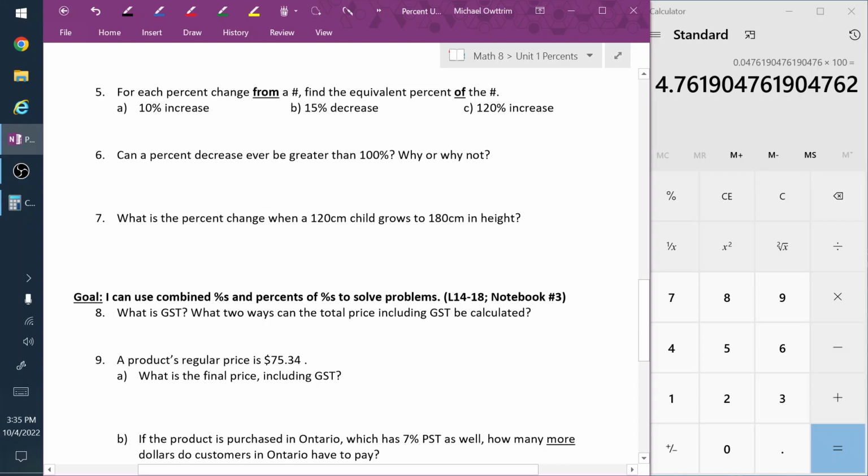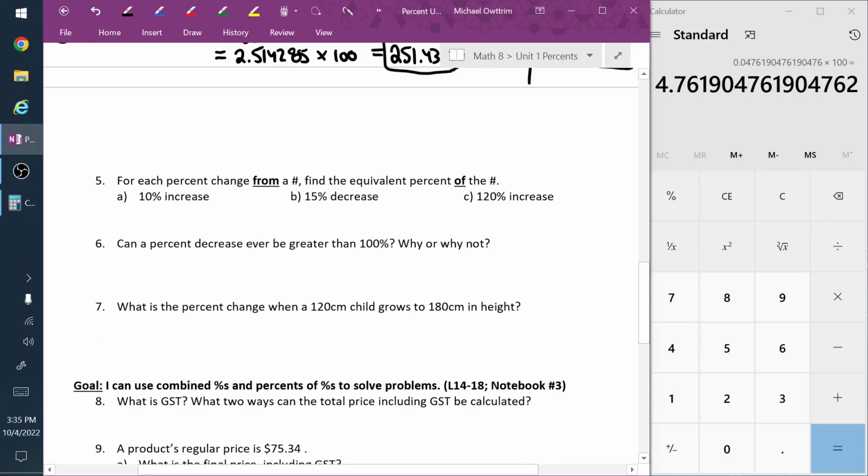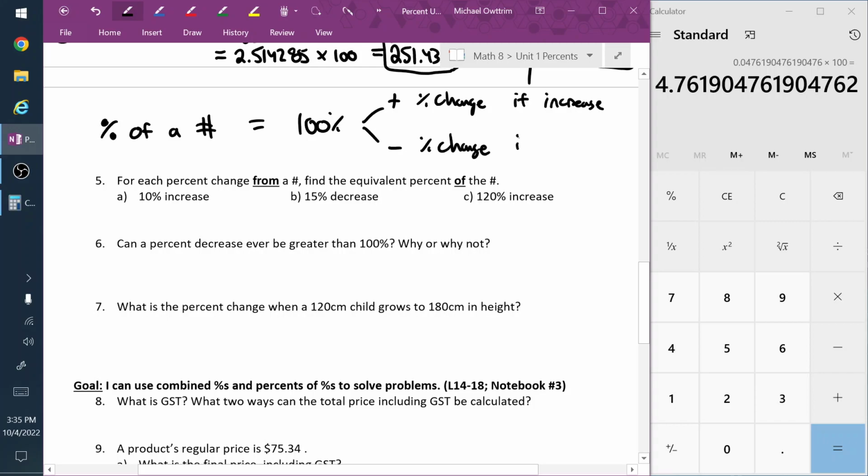For question 5, we're trying to convert our percent change from a number to a percent of our number. And when we wrote in our notes about this, we said that our percent of a number is going to be equal to 100% plus our percent change if it is an increase, and minus our percent change if it's a decrease.